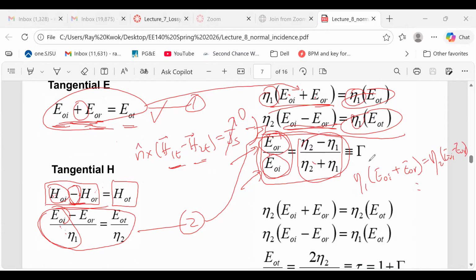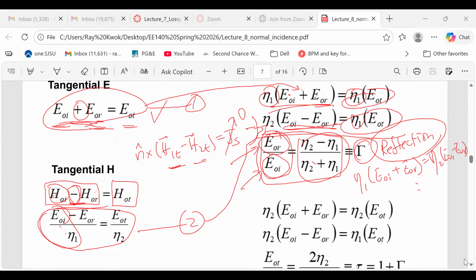And this is called gamma. Gamma is called the reflection coefficient. Based on the reflection coefficient, I can tell you how much power is being reflected and how much power is being transmitted.